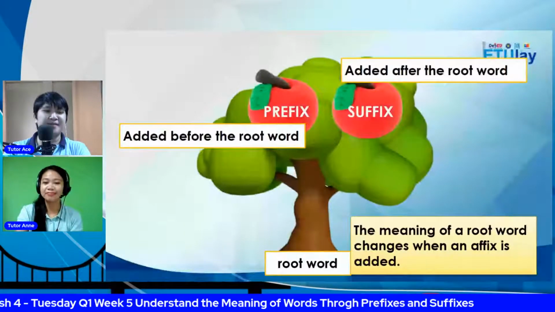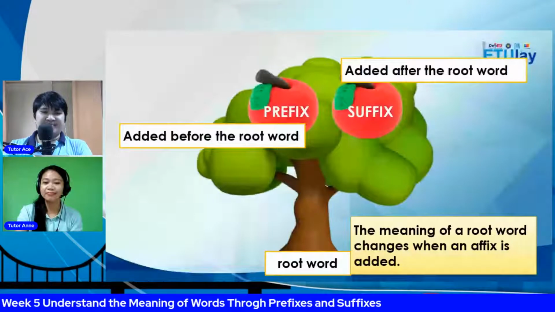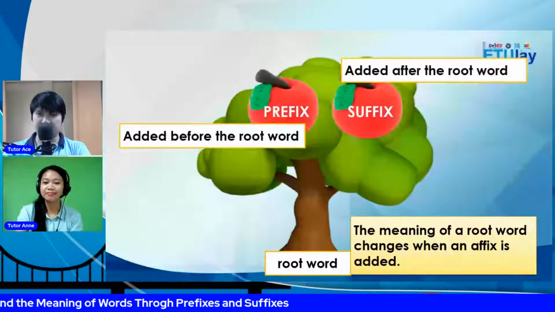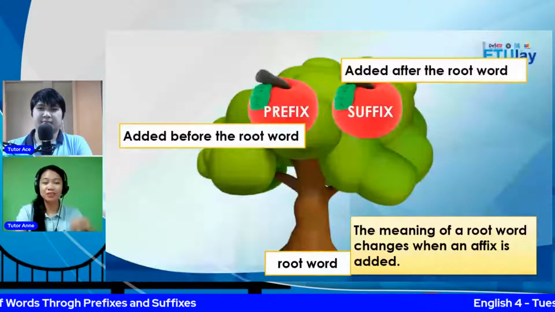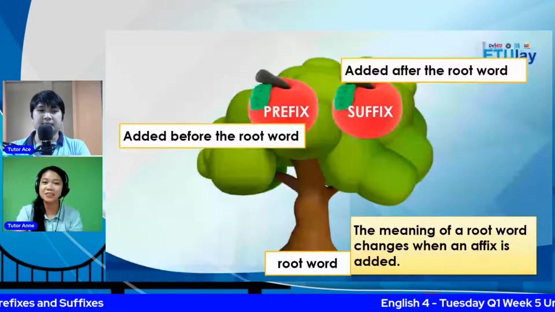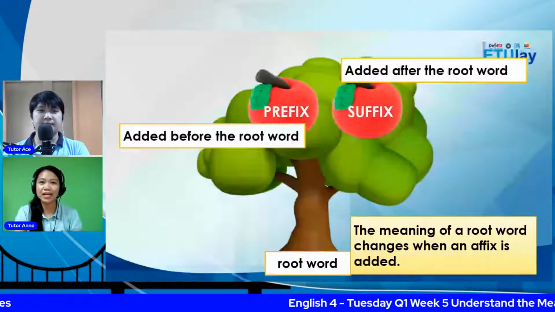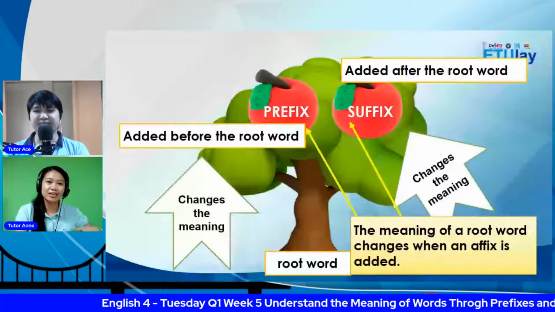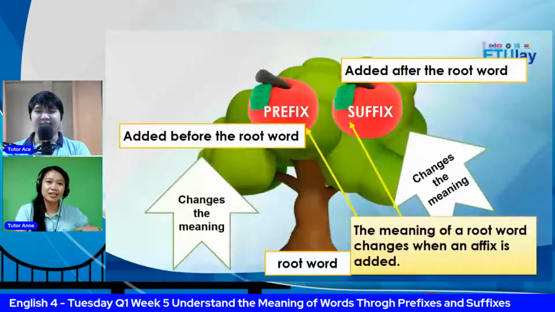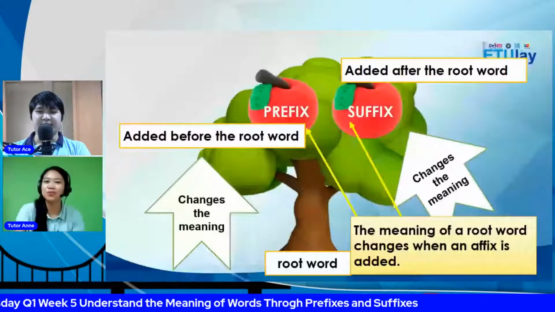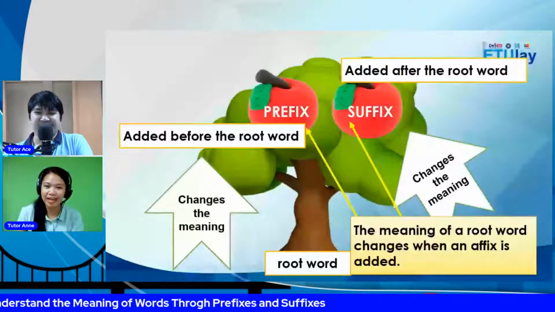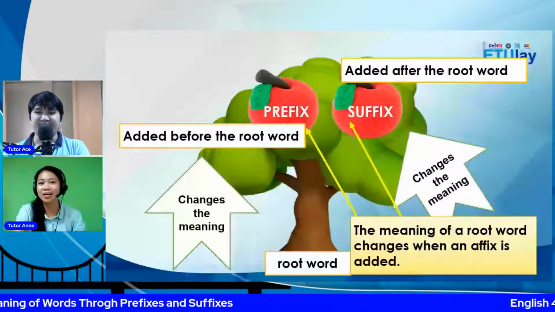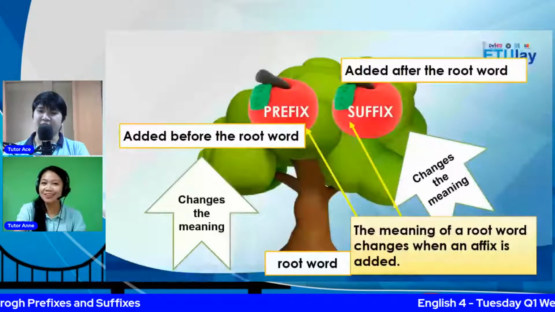And of course, yung effect ng word, it changes the meaning of the word. So pwedeng nagiging opposite ng meaning ng root word kapag we add an affix to it, nagiging negative yung kanyang hulugan, di ba? So they're not just there para ilagay lang, but they are there to also change the meaning.